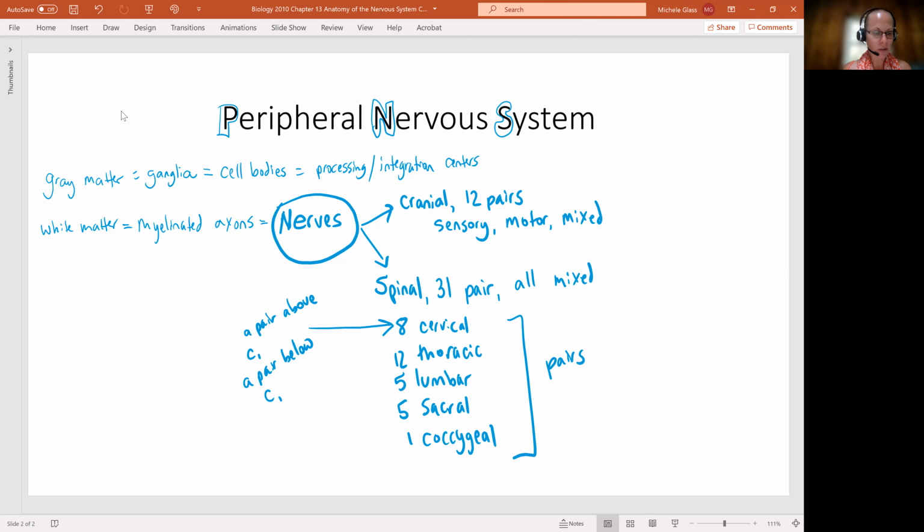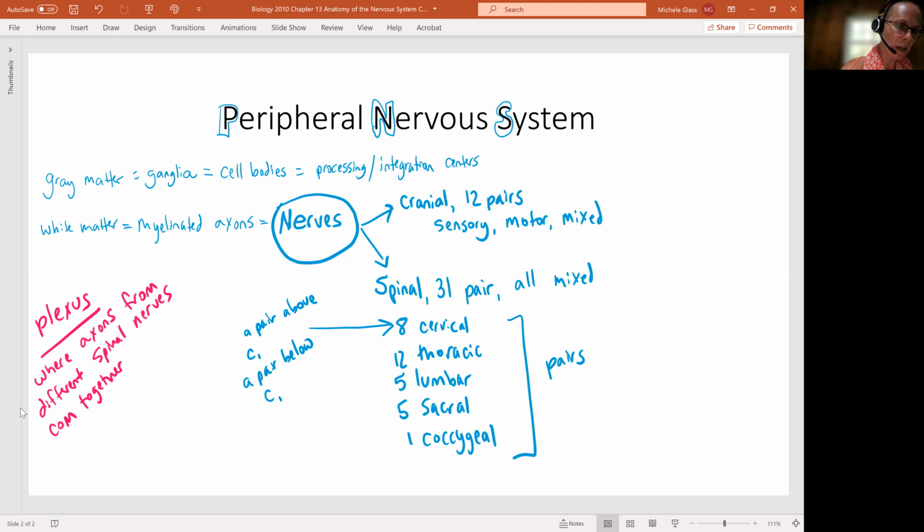Let me introduce one other term, and then we'll start looking a little bit at that nerve anatomy. The other term that we're going to see quite a lot is plexus. This term is talking about where axons from different spinal nerves come together.